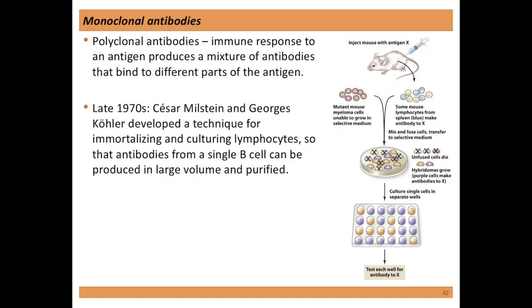Now, what would be really nice is if you had monoclonal antibodies. A monoclonal antibody is really a single molecular entity, meaning the sequence among all the antibodies is going to be identical.